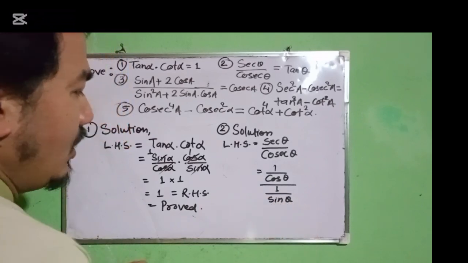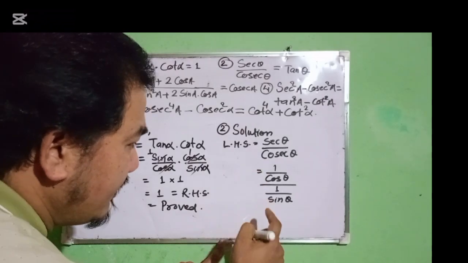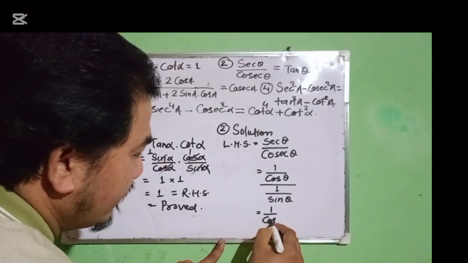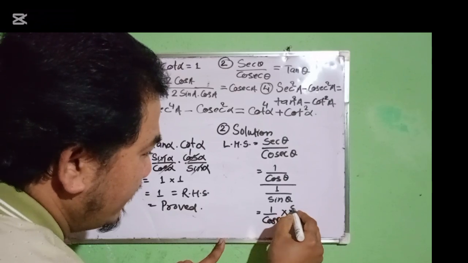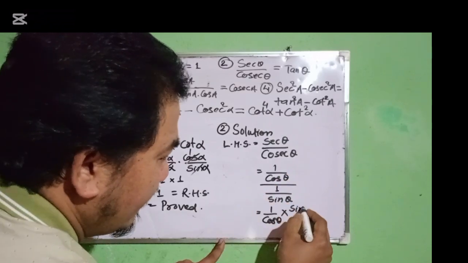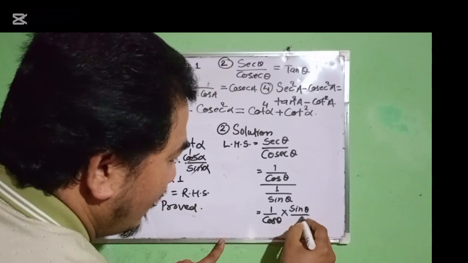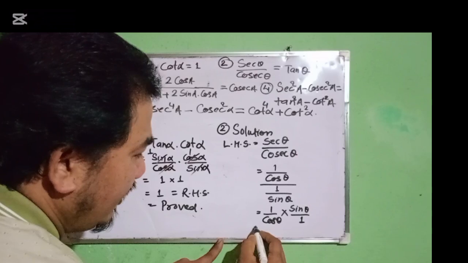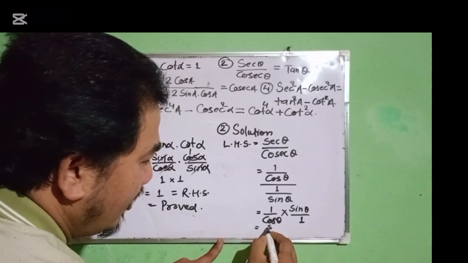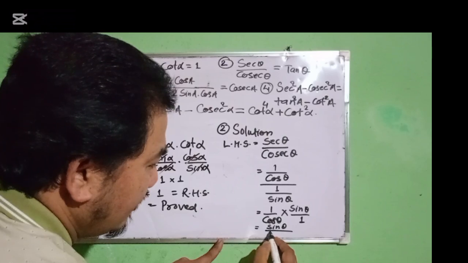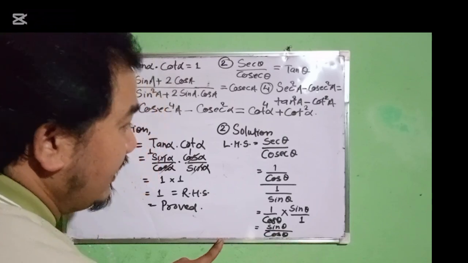sin theta. Look here children, now this fraction is divided by this fraction, then we can write it like this. 1 by cos theta into, this will be the reciprocal one, sin theta goes up, we are changing divide into multiply, sin theta by 1. Then what came here: sin theta by cos theta.